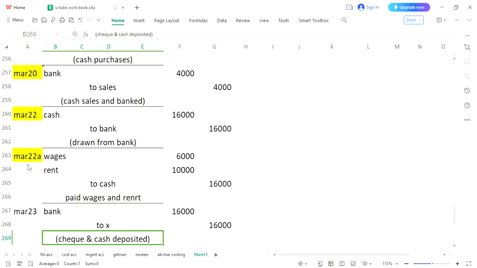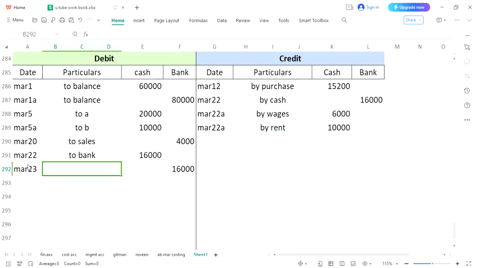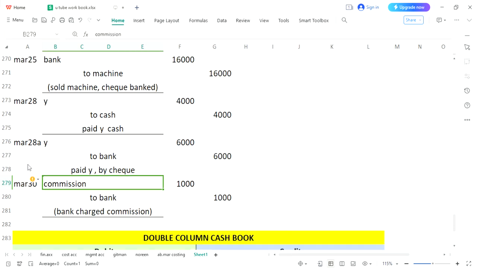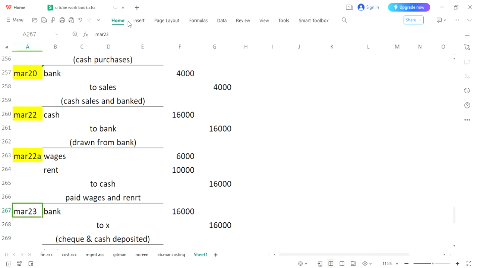As you can see, bank was debit in March 23rd. Bank was debit. What is written on the opposite side? X. So you will write X as reference in particulars. March 23rd entry is also completed and we are marking it as it has been done.